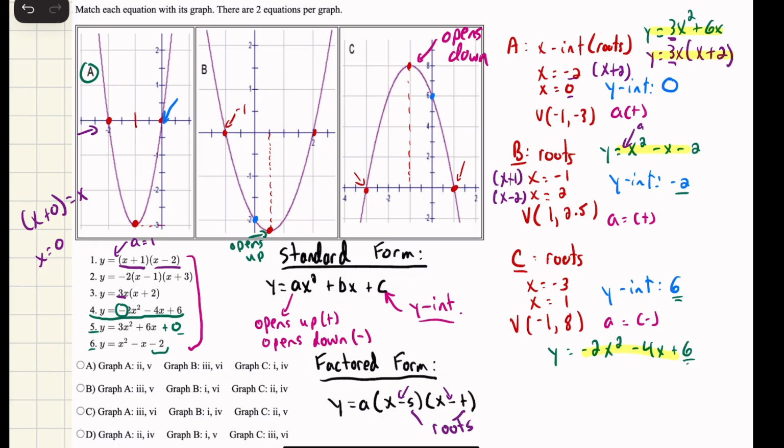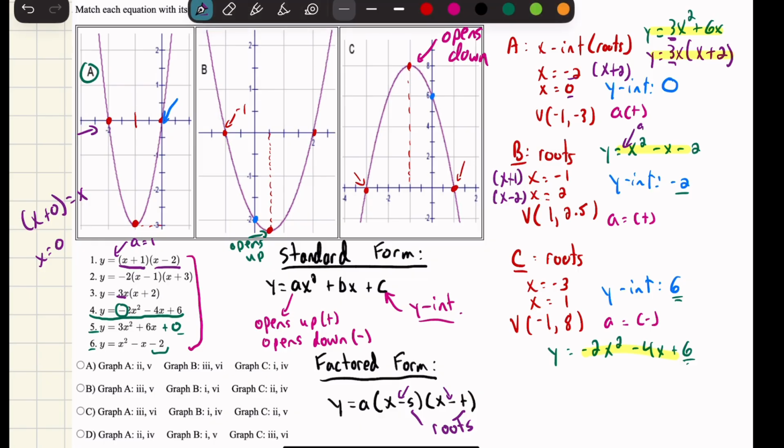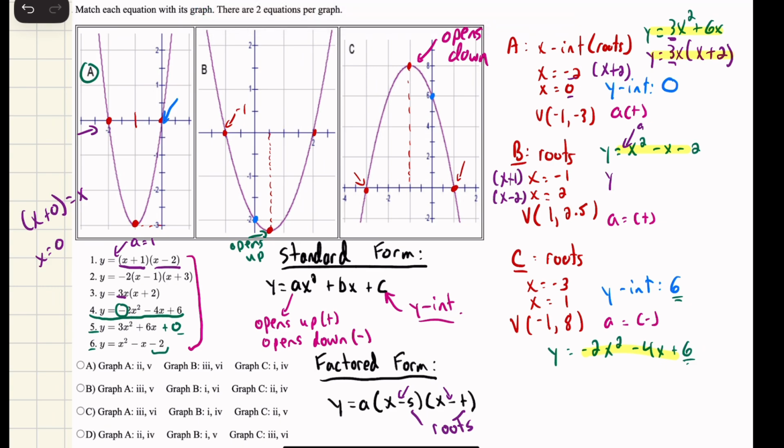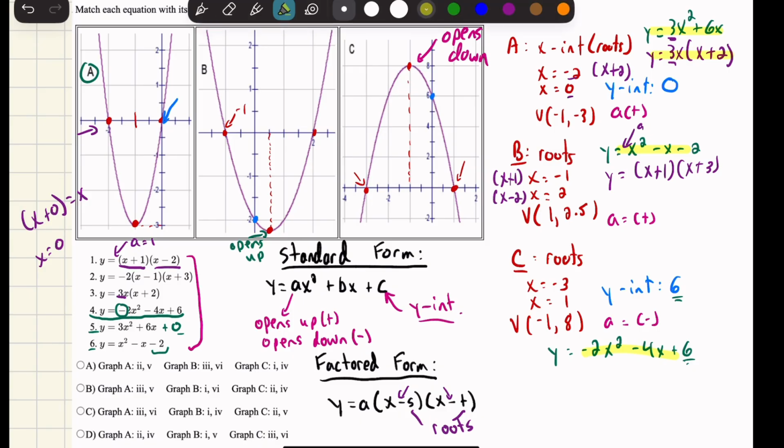So because of the x values here, this too seems like a match for this function here. So x plus 1 and x plus 3, again, indicating that it has roots of -1. And sorry, not 3, it should be 2. I made a mistake here. That should be -2.